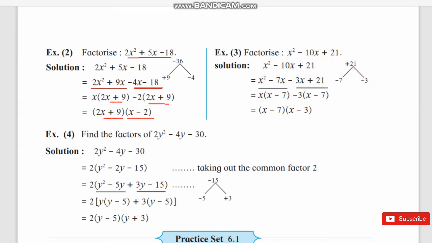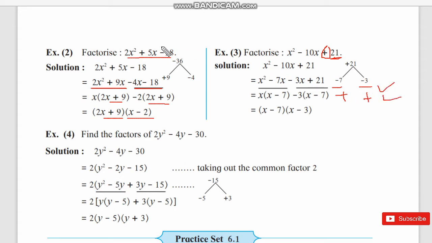There is one condition, students, that we must remember: if the product is a plus, then the factors must be both minus or both plus.